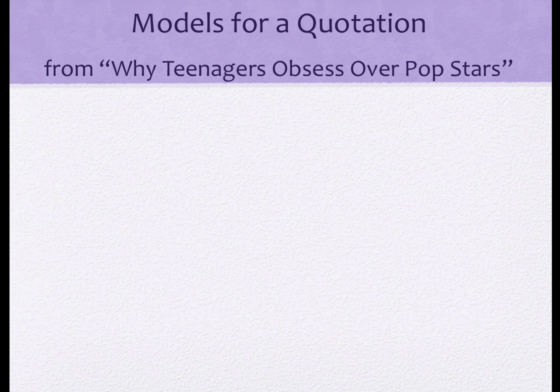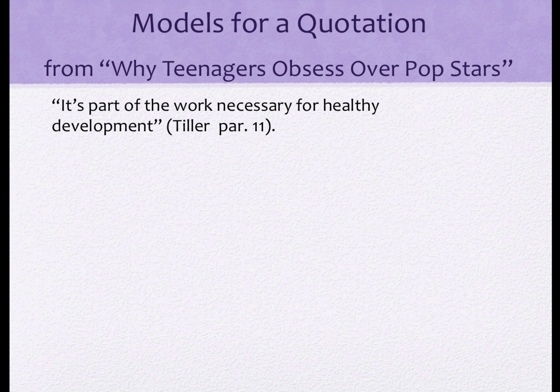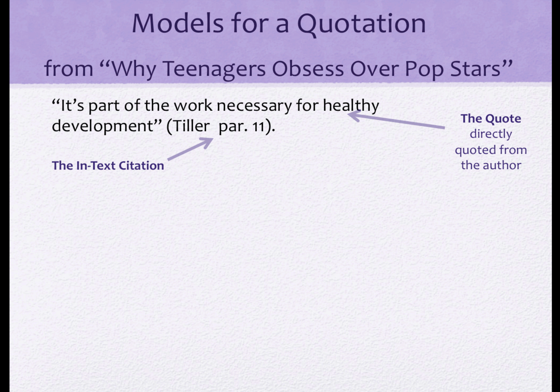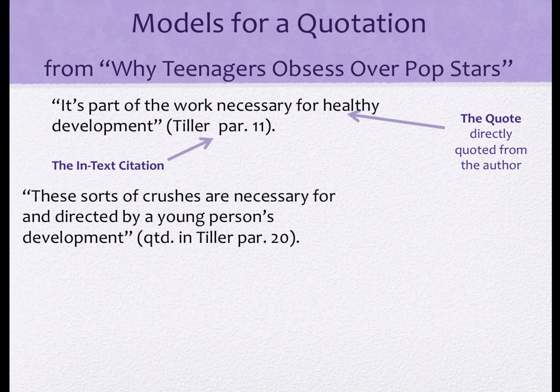Here are some models from the article "Why Teenagers Obsess Over Pop Stars." "It's part of the work necessary for healthy development." Quoted directly from the author in paragraph 11. There's the quote. There's the in-text citation. "These sorts of crushes are necessary for and directed by a young person's development."